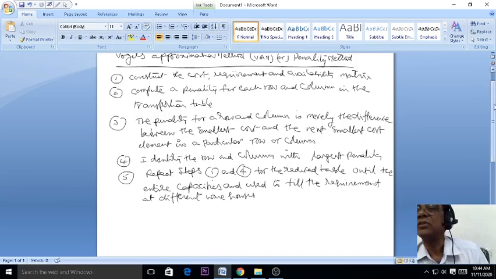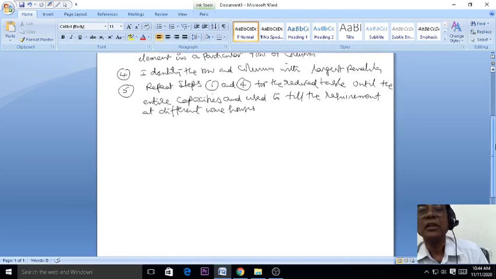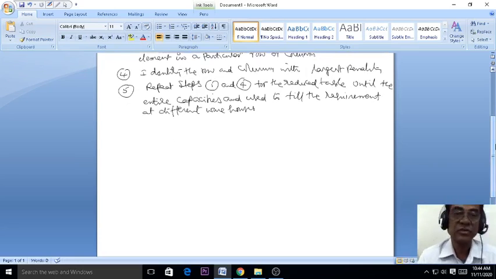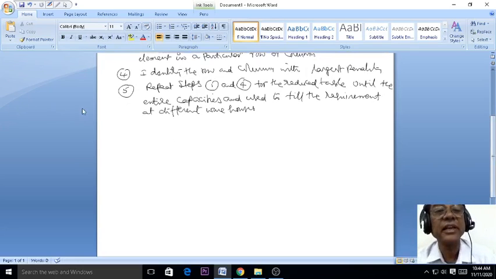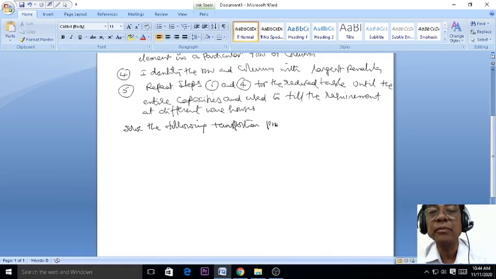So we are going to solve one problem. The problem is given like this. Solve the following transportation problem by VAM, Vogel's approximation method.